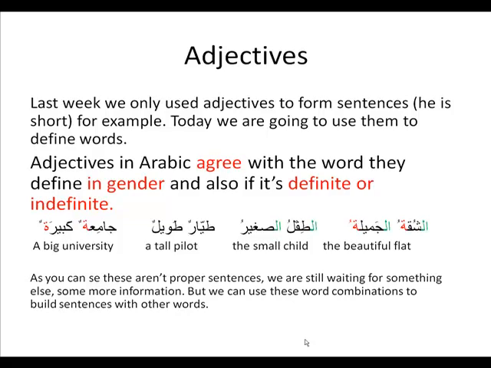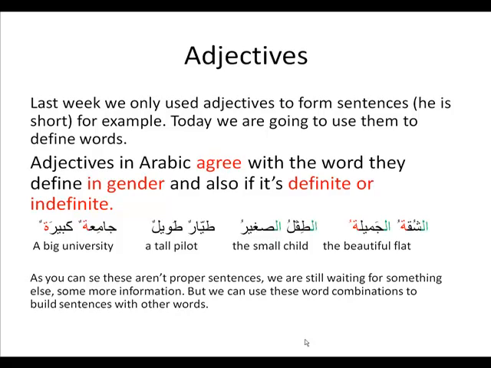Now, adjectives, when they work as adjectives, as in a big university, a small doctor, a short book, etc., have to agree with the word that they're defining, both in gender and also if it's definite or indefinite. And we're going to come back to why that's important in a second. The gender agreement is always important in Arabic, so that's not an issue.